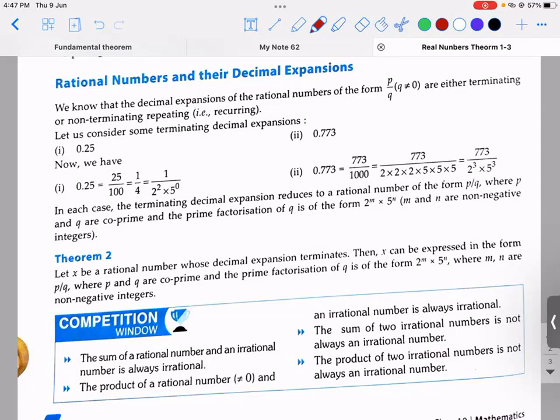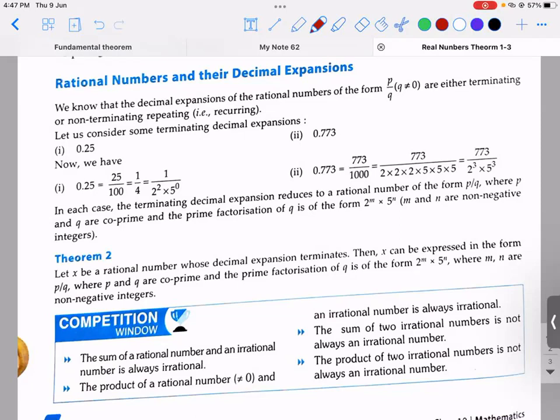This and this will get cancelled, so I can say b square is equal to 7c square. From this, what can I conclude? 7 divides b square, so 7 also divides b. So 7 is dividing a and 7 is dividing b. What did we assume in the first step? We assumed a and b are co-primes, but our assumption is getting contradicted. Hence, root 7 is irrational. So these are the steps that you need to do. Just follow these steps.